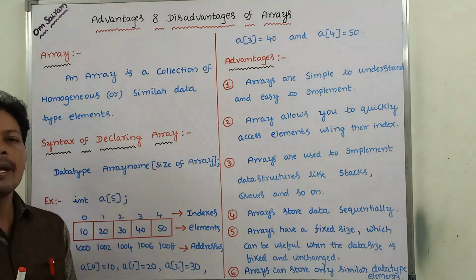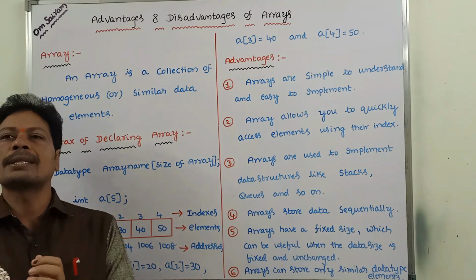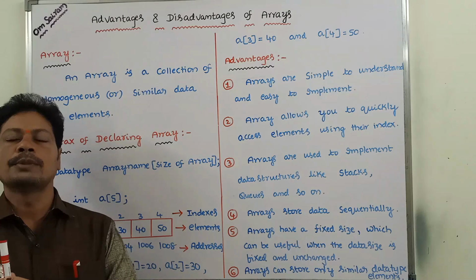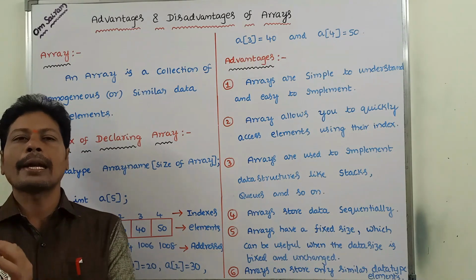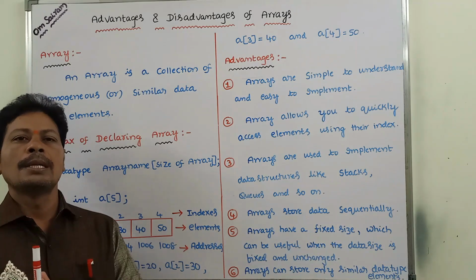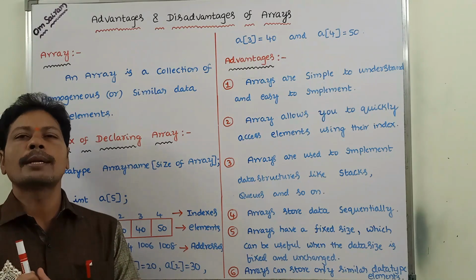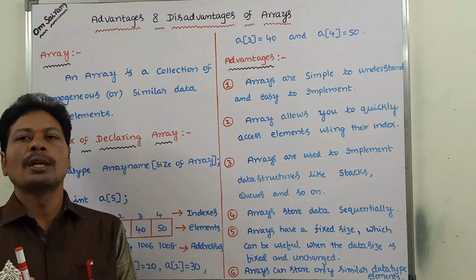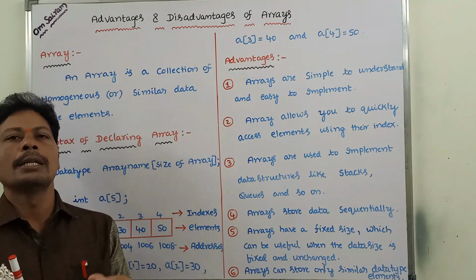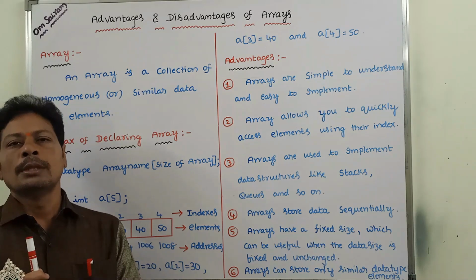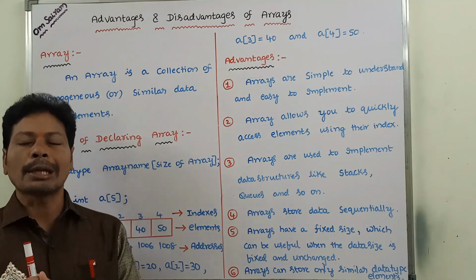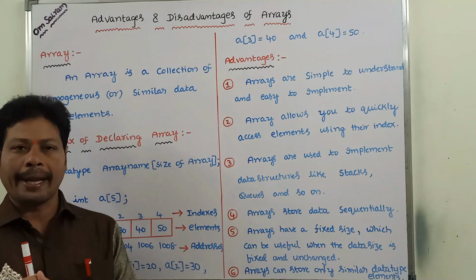In the same way, to represent a set of characters from A to Z, we require a character array. Suppose some floating point numbers are there: 3.14, 2.75, 4.25, 5.75, 5.02. To represent them, we require a floating point array.